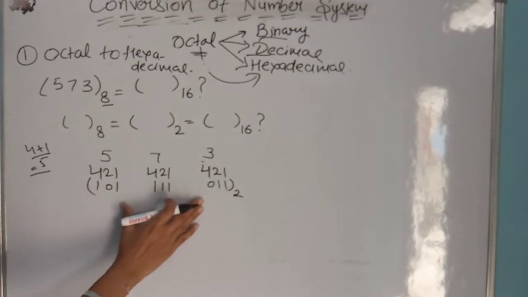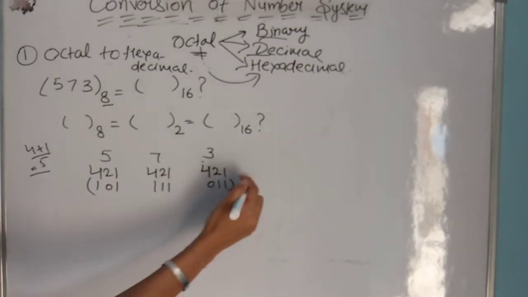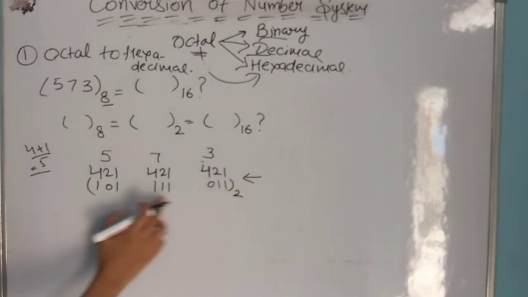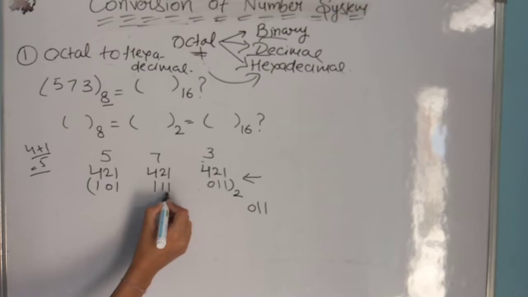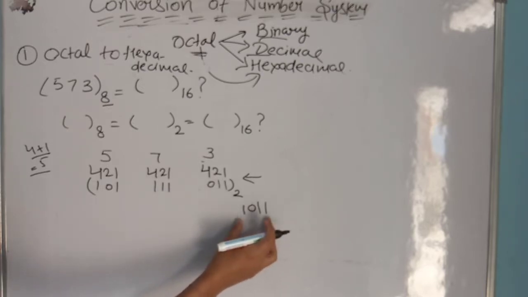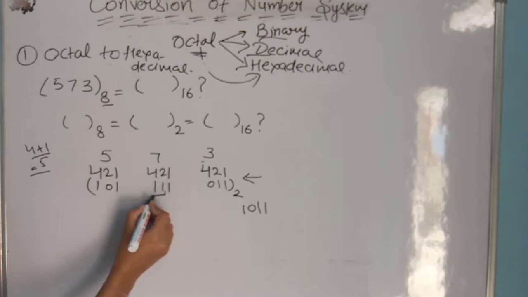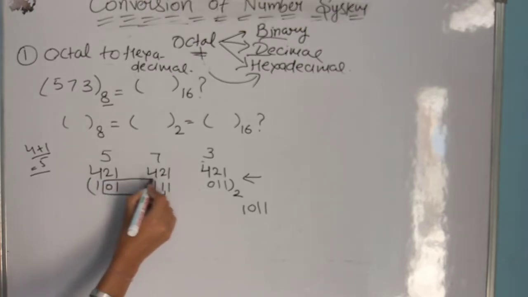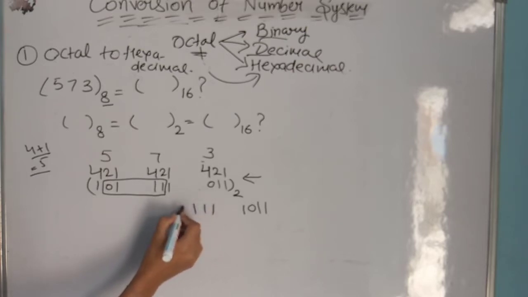So fetch 4 digits from the right side of this binary number, like 1011. Okay, these are the 4 digits from the right side. So now fetch the next 4 digits, like this, 1110.